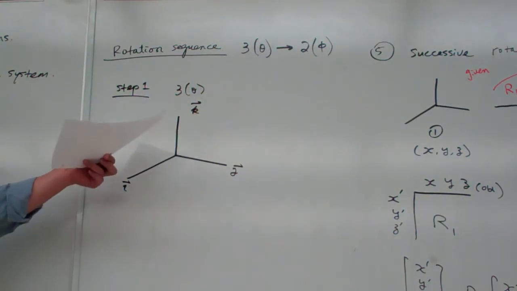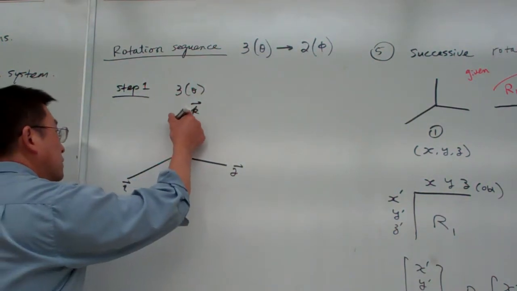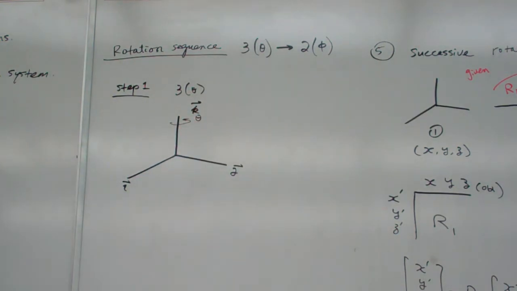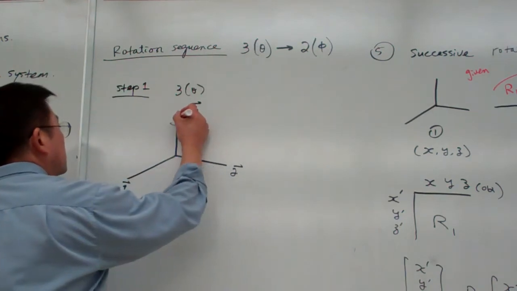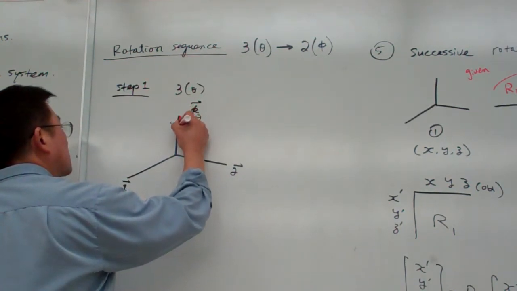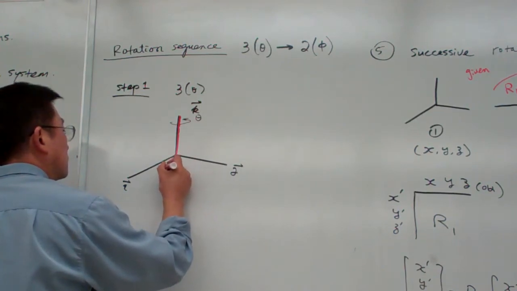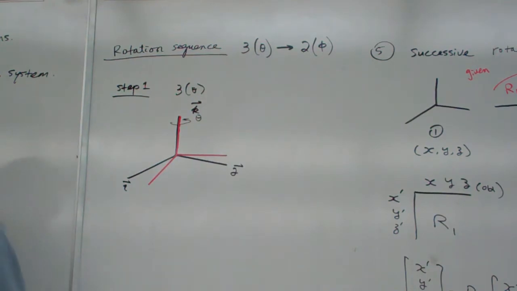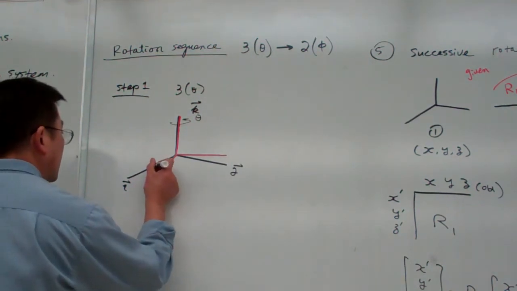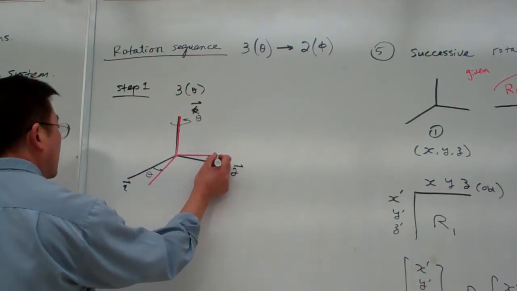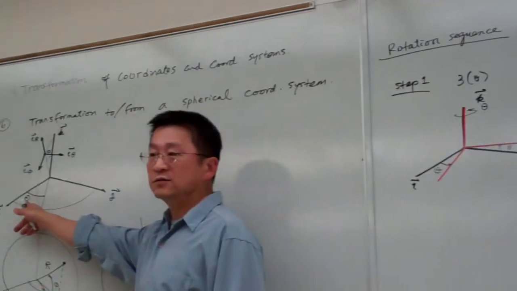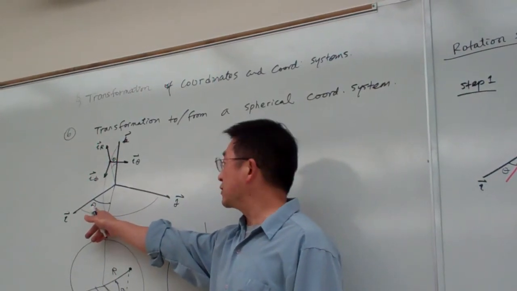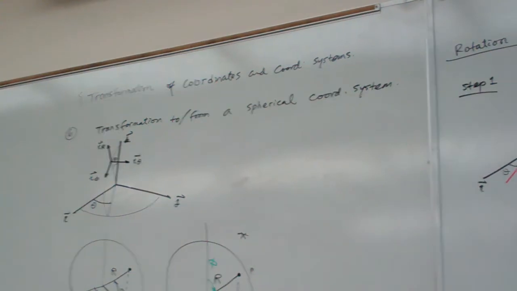Right now we're going to rotate about the third axis by theta. The theta here is not arbitrary. The theta is the coordinate we use here. Whatever the spherical coordinate theta is, you apply that theta to these rotations.